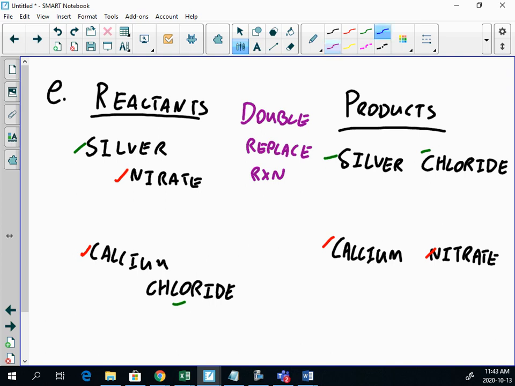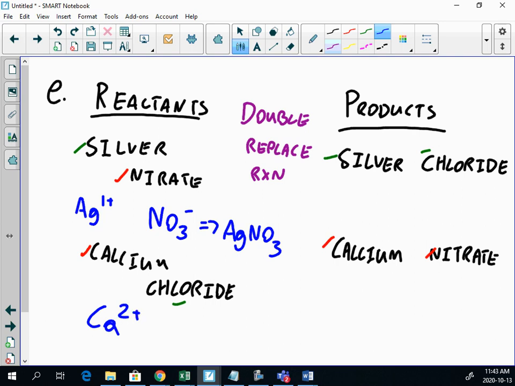Okay. Now, silver has a charge of +1, and nitrate is a complex ion, NO3 minus, with a charge of -1. So altogether, my chemical formula there is AgNO3. Calcium is Ca with a 2+ charge, and Cl with a 1- charge. So altogether there, my chemical formula is CaCl2.